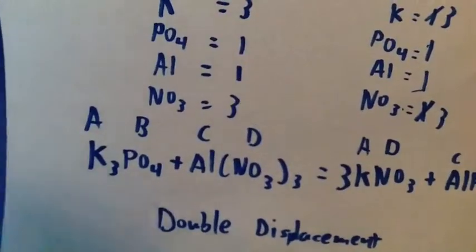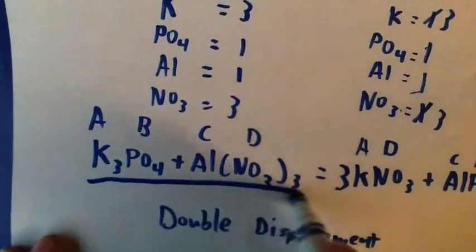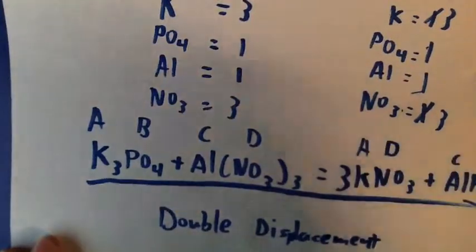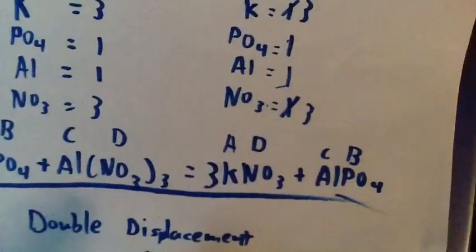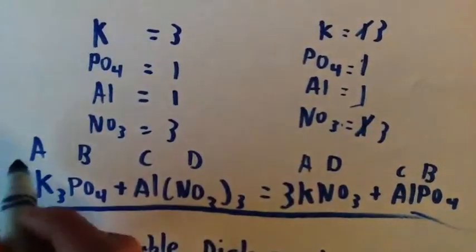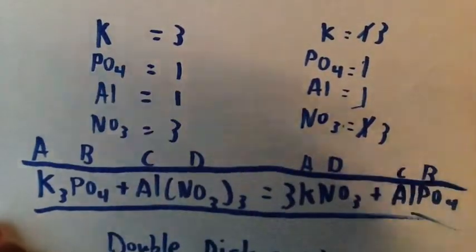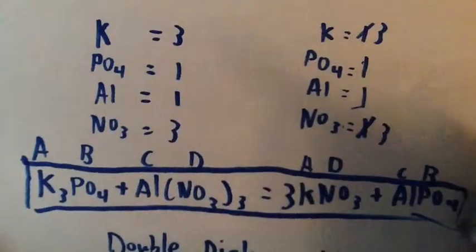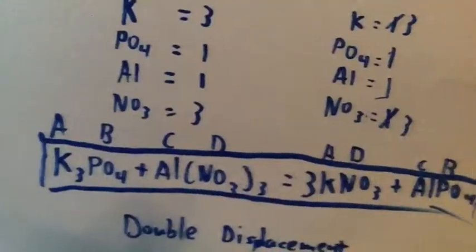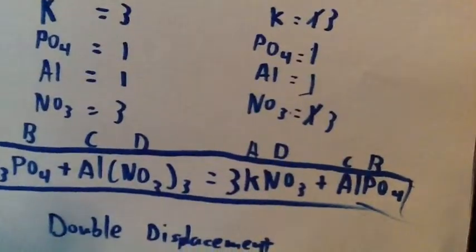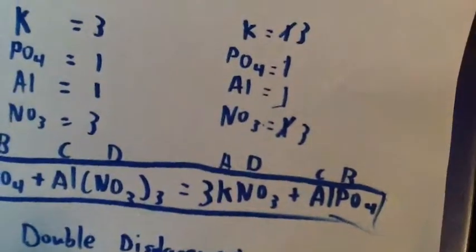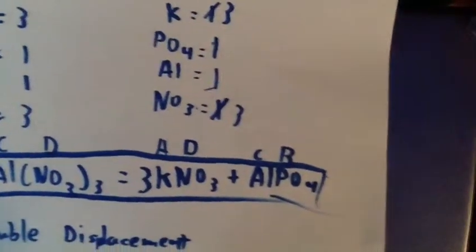So right there, our balanced equation: K3PO4 plus AlNO3 yields 3KNO3 plus AlPO4. And it is a double displacement.